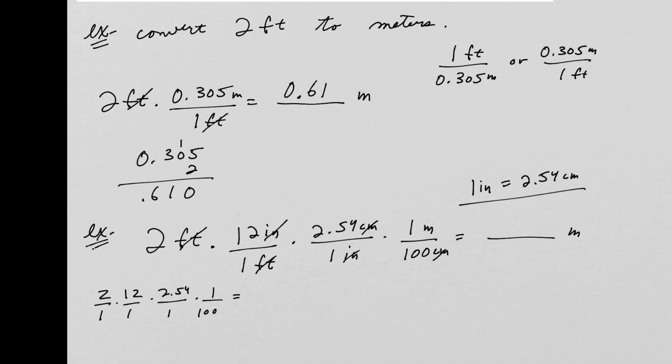So this is going to end up being 60.96 divided by 100, which is 0.6, and if you round it, it's 0.61. So this will be 0.61 meters.